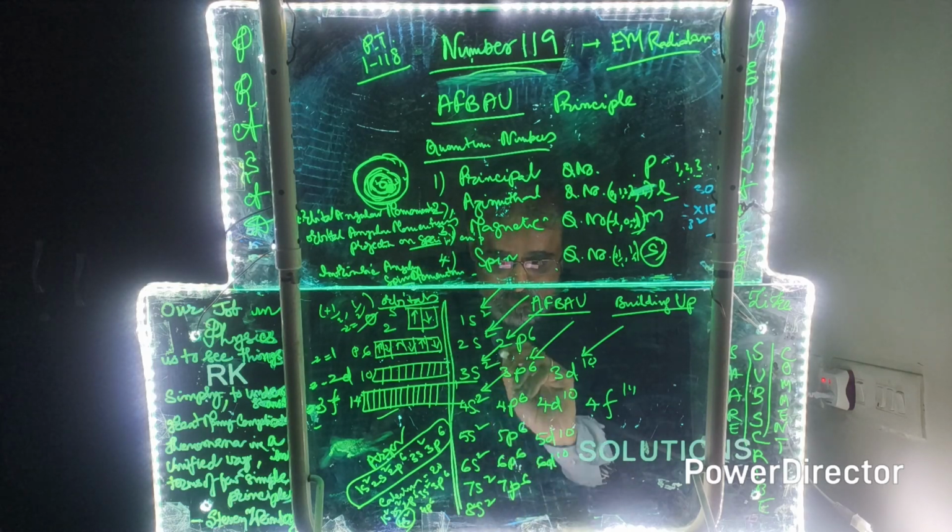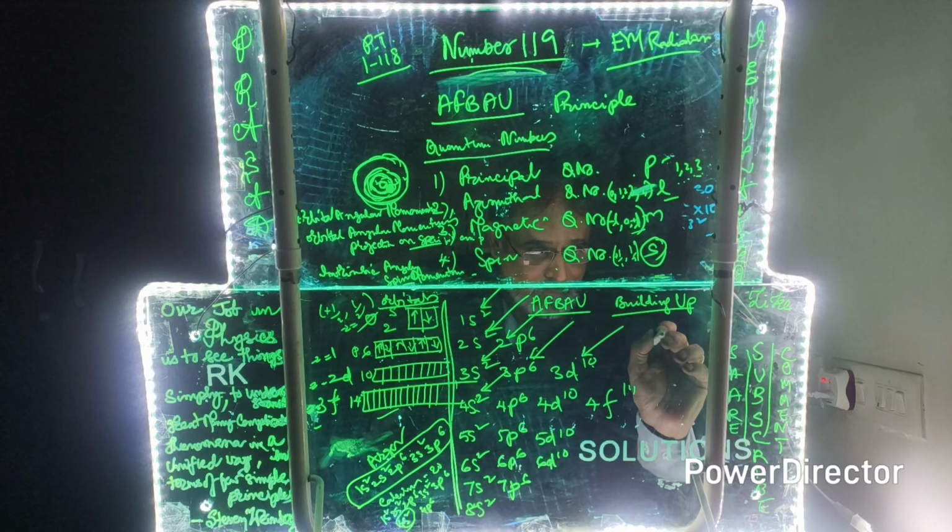But what happens here is, for 4s2, what is the energy? Energy is the principal quantum number 4 plus s is 0, it is 4.